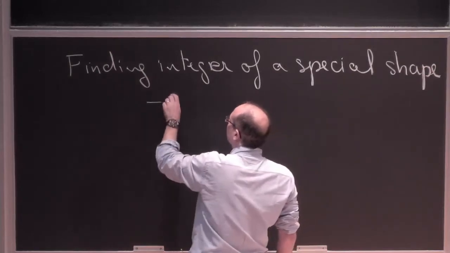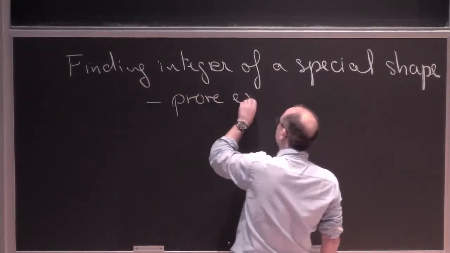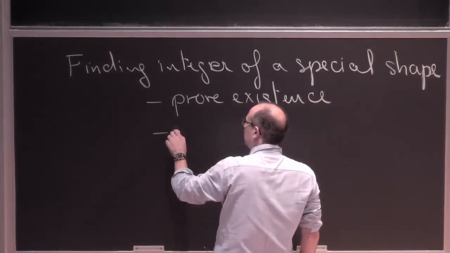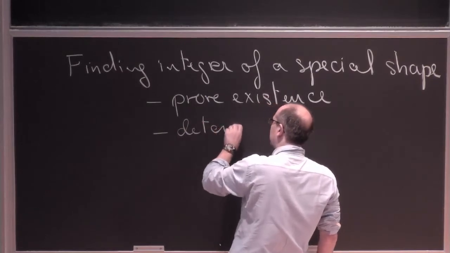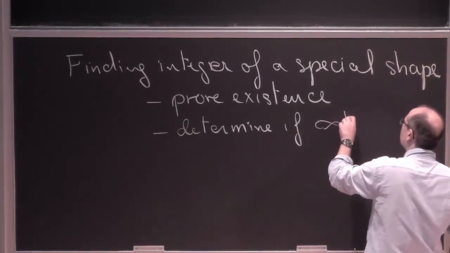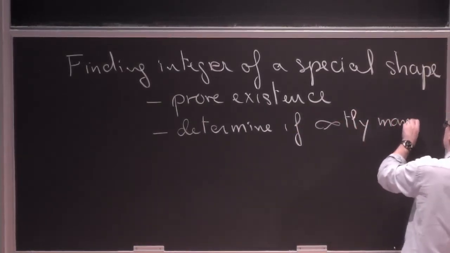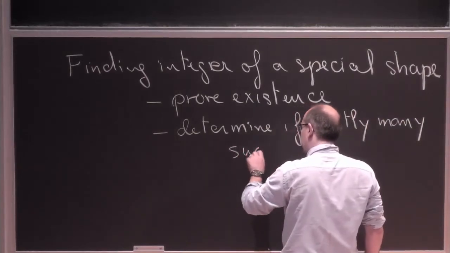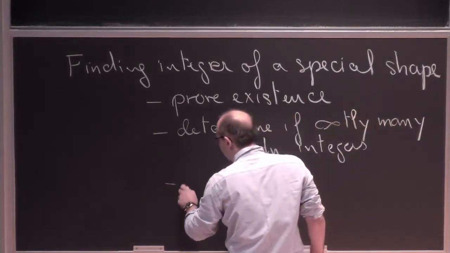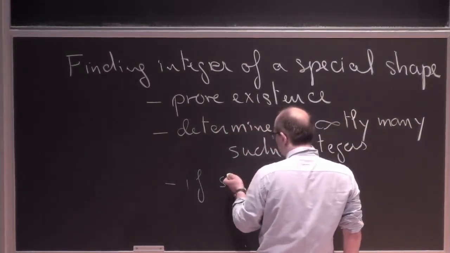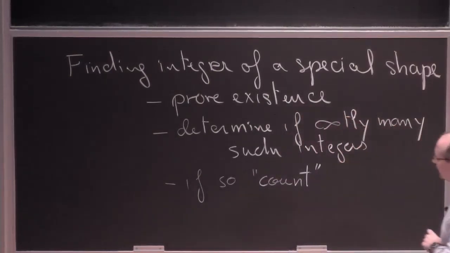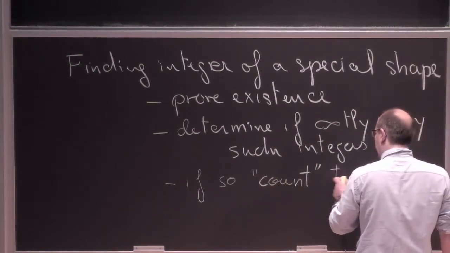So let's say prove existence, and determine if there are infinitely many such integers, and if so, count them. Even if the set is finite, it's probably also interesting, but we will look for sets which have infinite cardinality.